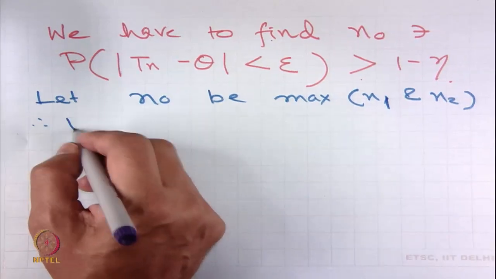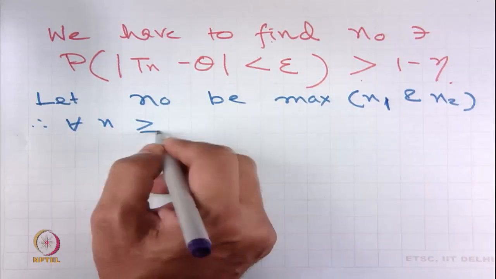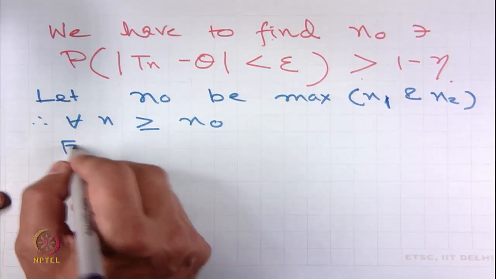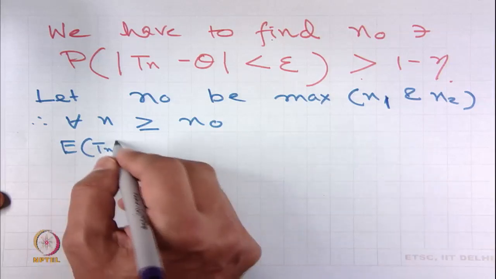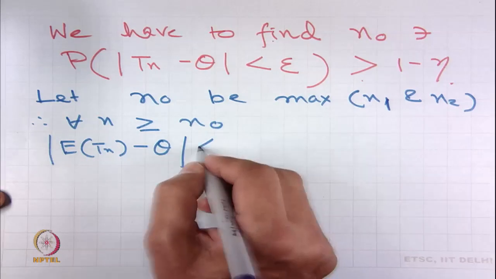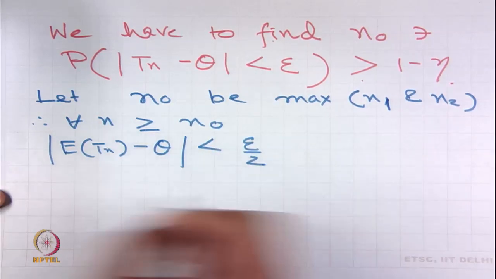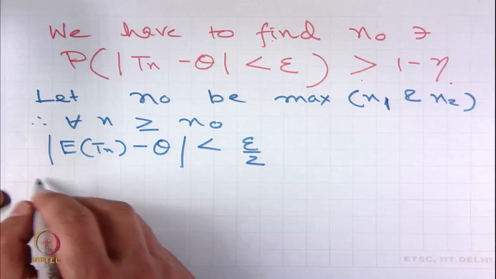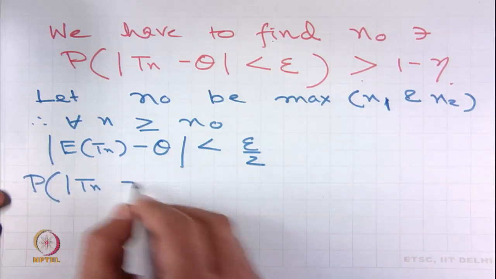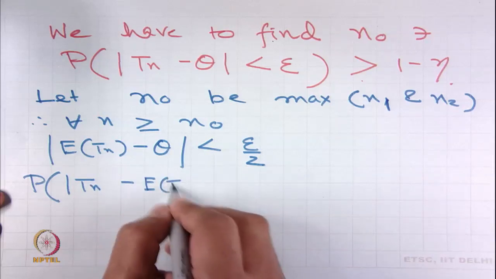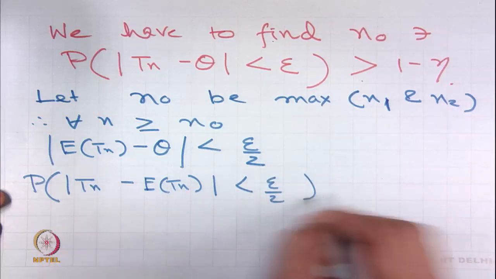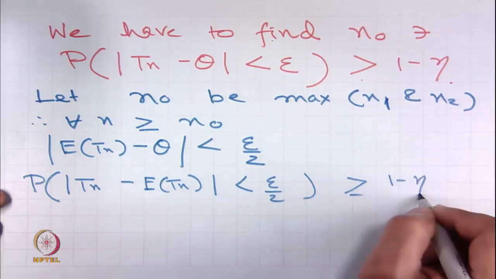Therefore, for all n greater than or equal to n naught, we have modulus of expected value of T n minus theta is less than epsilon by 2. Also, we have probability modulus of T n minus expected value of T n less than epsilon by 2 is greater than or equal to 1 minus eta.